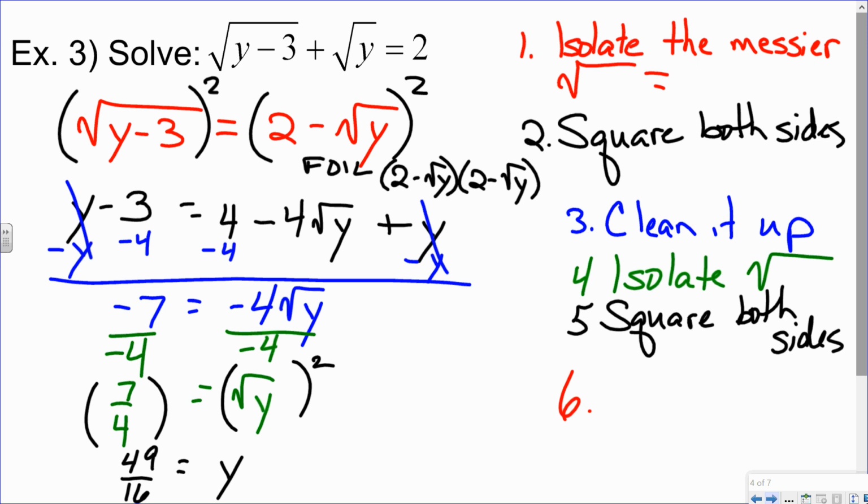But we are not finished. Does anybody remember what we have to do when we are solving radical equations? That's if we're taking square roots. But because of that, we can get some false solutions. So what do we have to do? We have to check it. And you cannot just check this one anywhere you like.